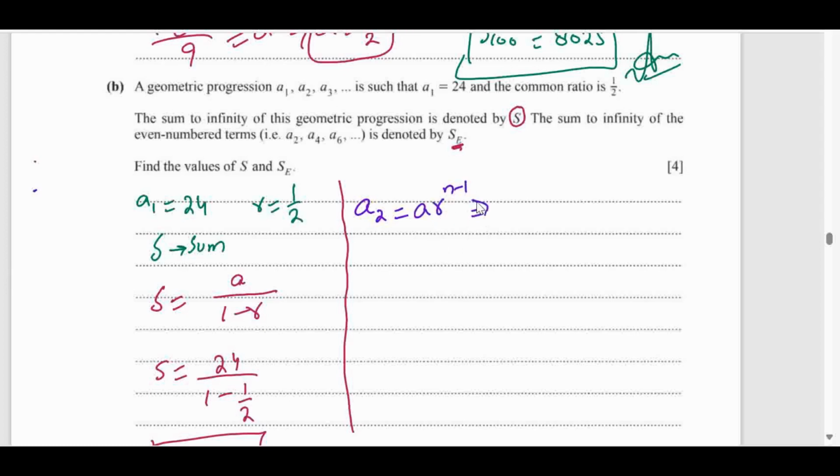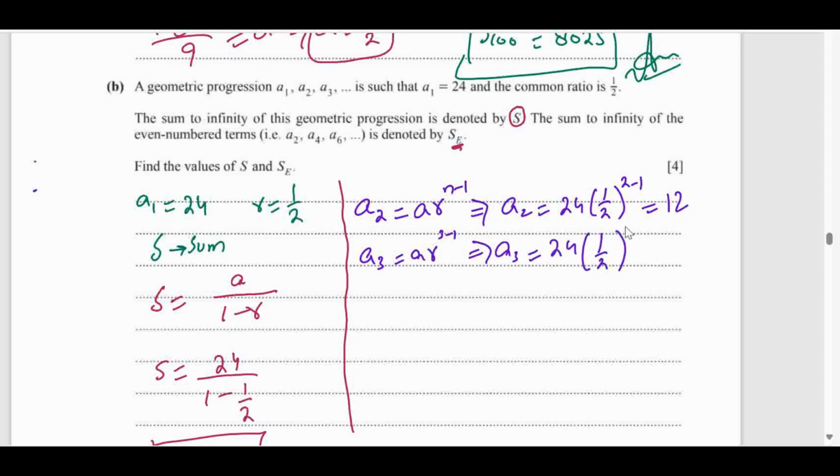So A2 will be 24 into 1 by 2 whole power 2 minus 1, which is 12. Similarly, A3 will be 24 into 1 by 2 whole power 3 minus 1, which means 2, so 24 into 1 by 4. So this will be 6.